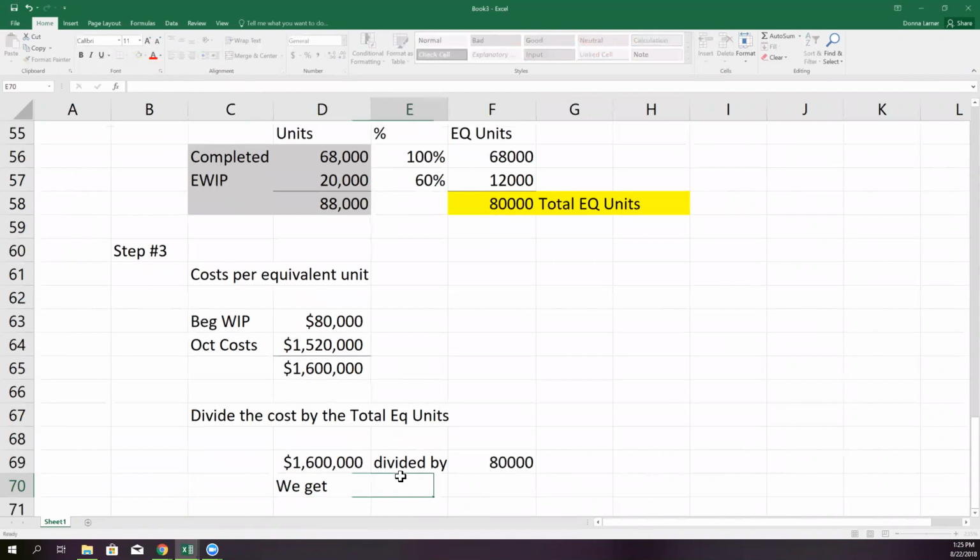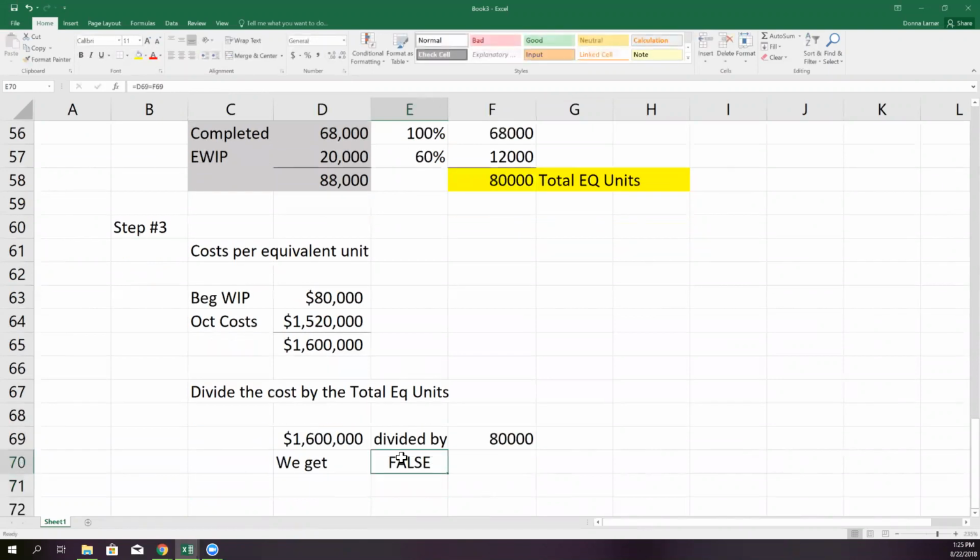And we get $20 per equivalent unit. So we get a per unit rate.